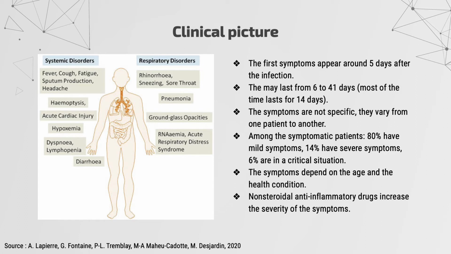But unfortunately, given how new this whole experience and virus is, they are not as specific to be identified. But we can say that among symptomatic patients in the statistics that we have found, 80% present mild symptoms, while 14% present severe symptoms, and only 6% appear to be in a critical situation.